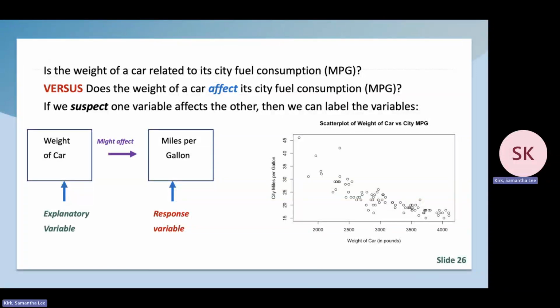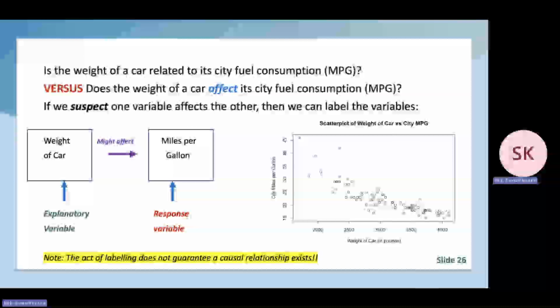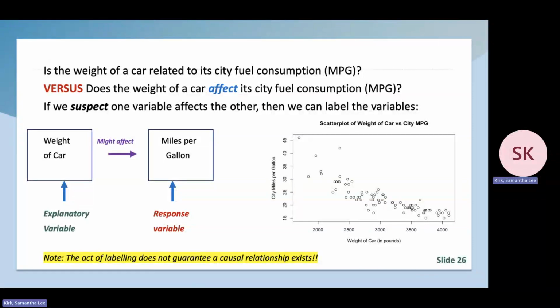So at this moment, we can't prove that the weight of the car affects the miles per gallon. But if we suspect this, we can label these variables as explanatory variable and response variable. Note, the act of labeling does not guarantee a causal relationship. Causal relationship means one variable causes a change in the other.